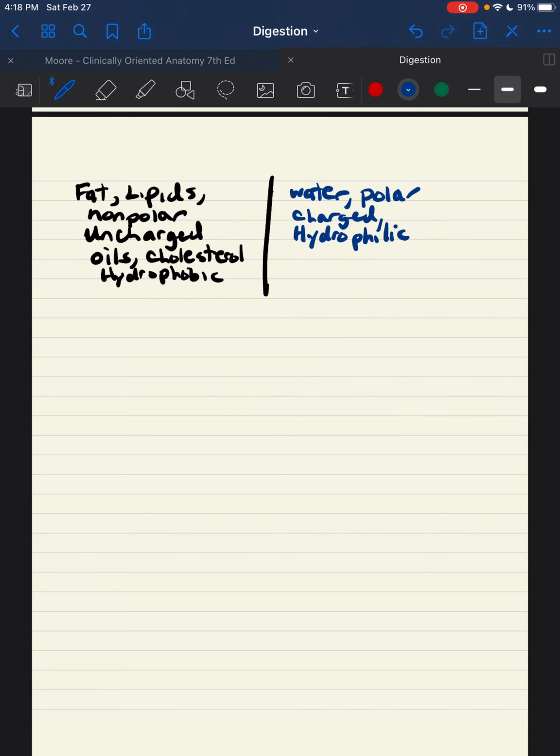So this is the dichotomy I want you to get really familiar with. Water, polar, charged, hydrophilic. Okay, I think that's about it.